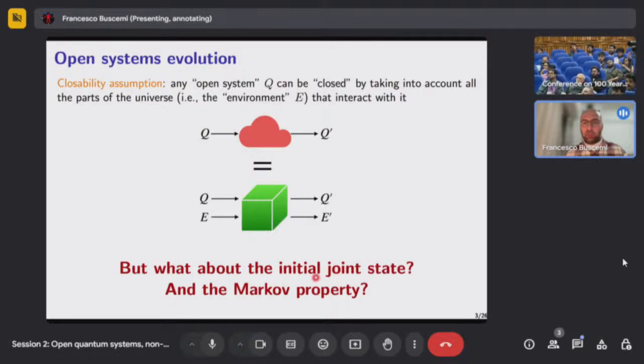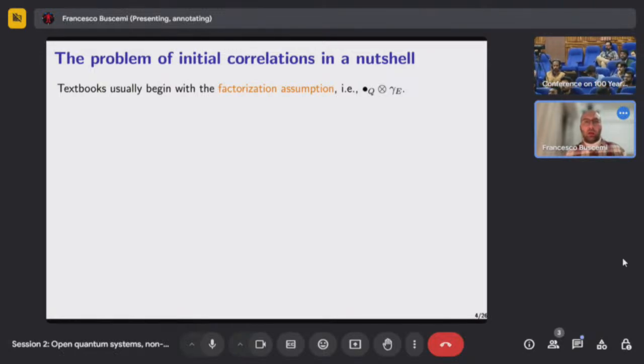So what about the initial joint state, and what about the Markov property? If you open a textbook on open quantum systems, for example the Breuer-Petruccione textbook, you will find that many of these textbooks start with the factorization assumption. The initial assumption is that the system Q and its environment E begin in a tensor product state.